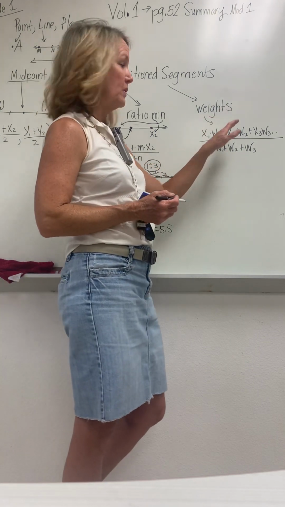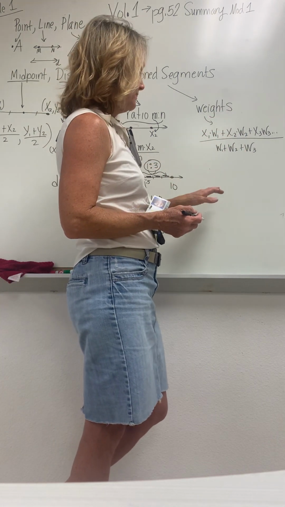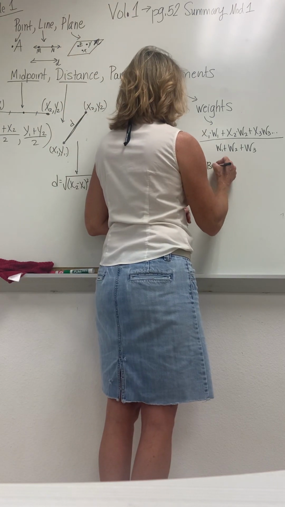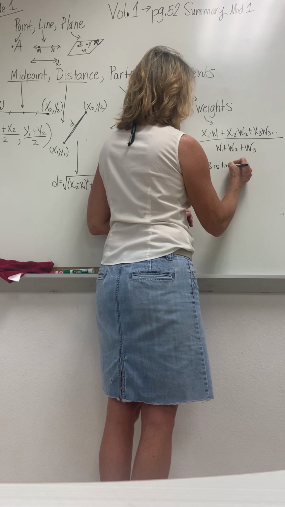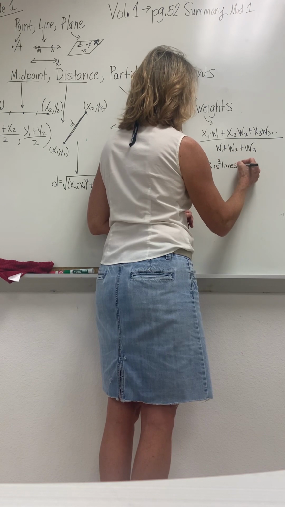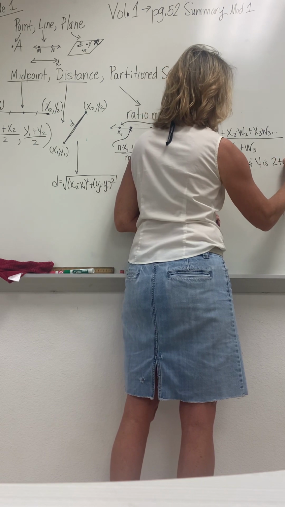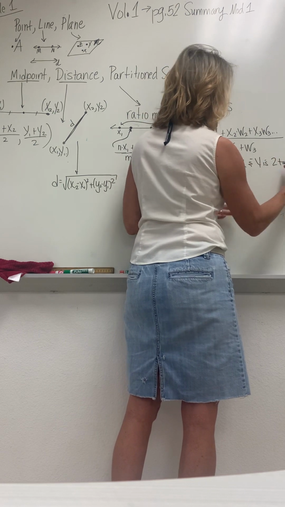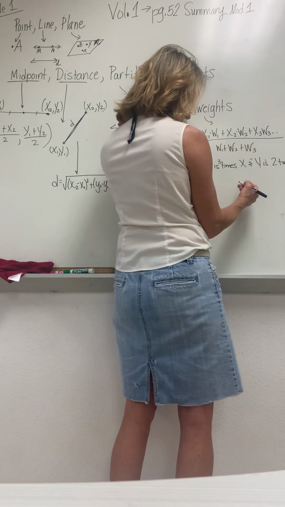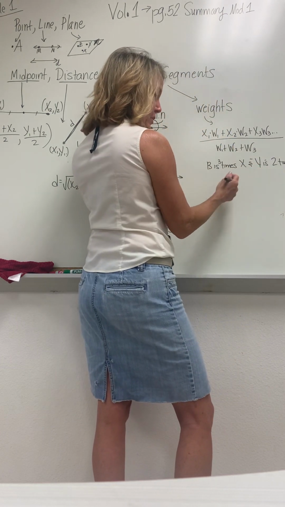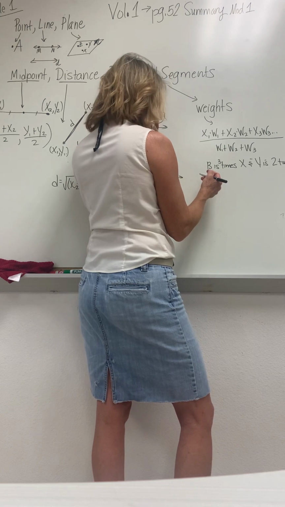The same thing with the weighted averages. These are the ones where it might say B is 3 times X, and Y is 2 times X, the weight of X. Find the weighted average of those points, the point that represents that weighted average.